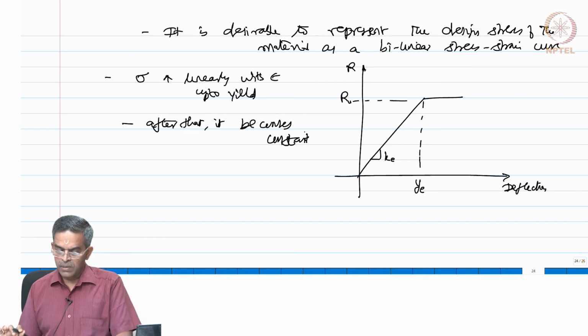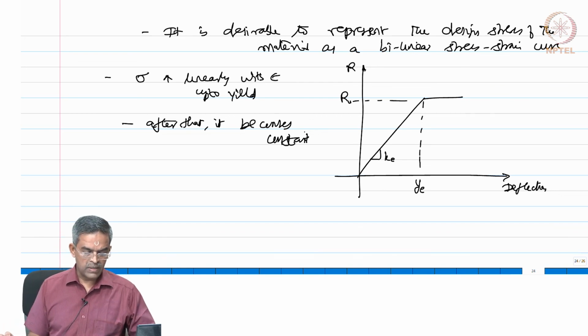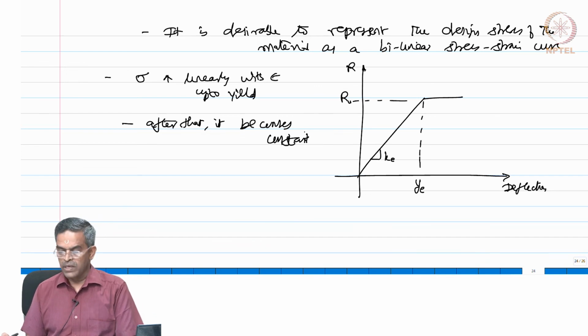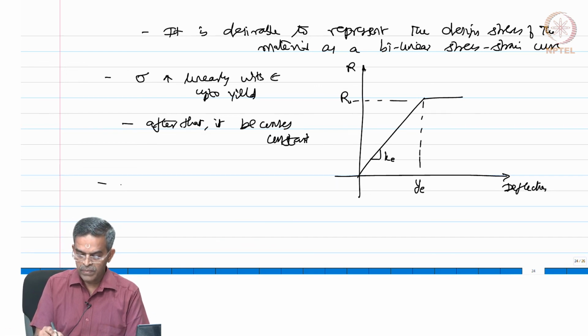This produces a simple bilinear resistance deflection curve which can be included to model the strain hardening effect.